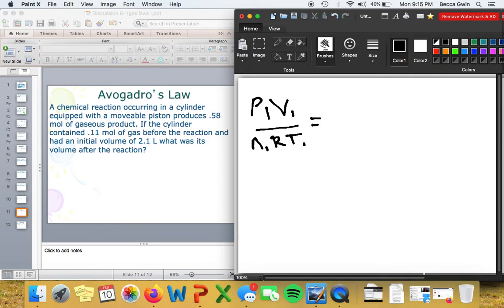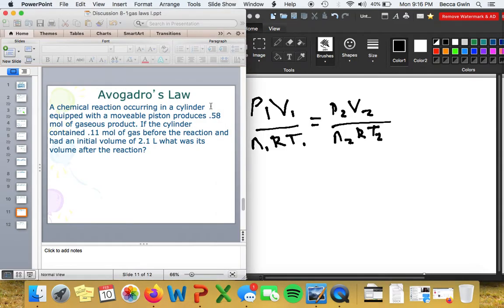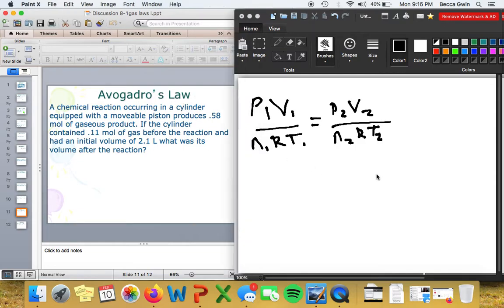And we can set that equal to P2V2 over N2R and finally T2. We did not talk about Avogadro's law in class. However, it is an example of what I was trying to communicate about being able to figure out what variables you need once you have this all put together.